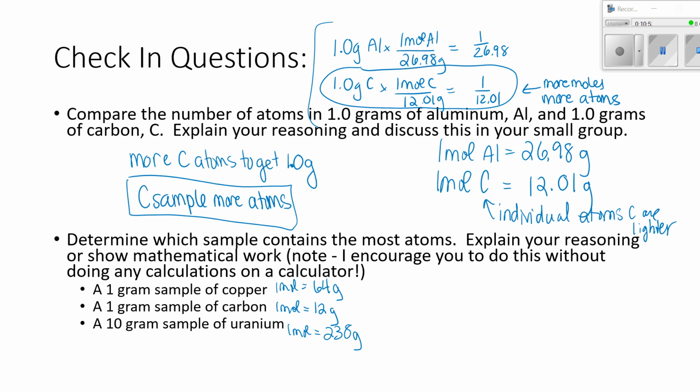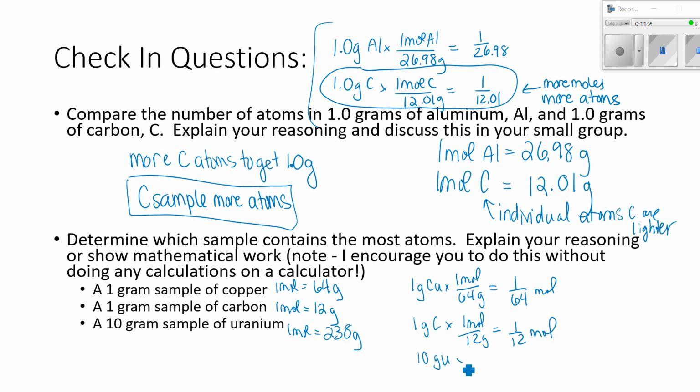So which one contains the most atoms? There's some different ways you can think about this one. What I might do is set it up mathematically, kind of like this example up here at the top. So if I had 1 gram of copper, and I know that 1 mole of copper weighs 64 grams, that means I have 1 over 64 moles. 1 gram of carbon would look like this. I've got 1 over the 12 moles, and then this would be if I had 10 grams of uranium.